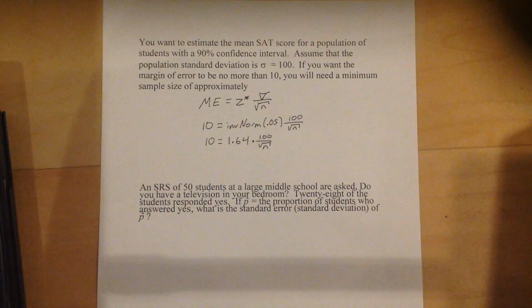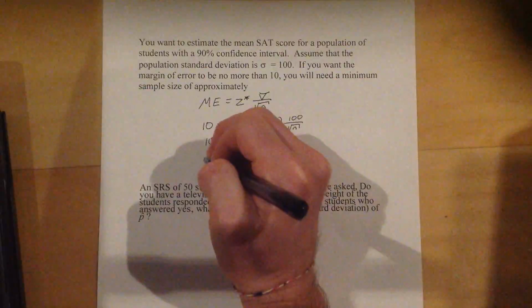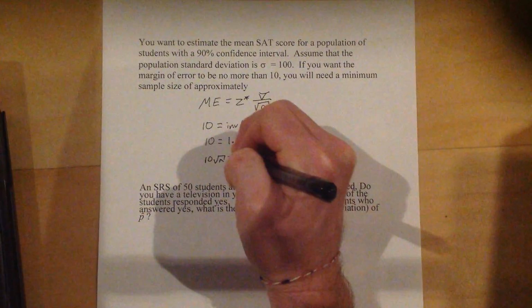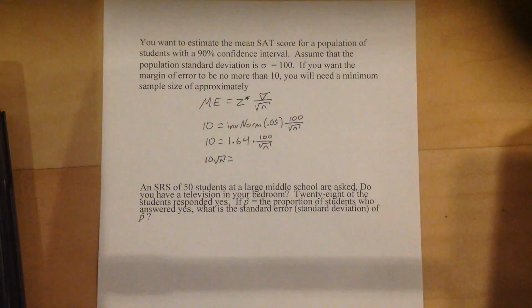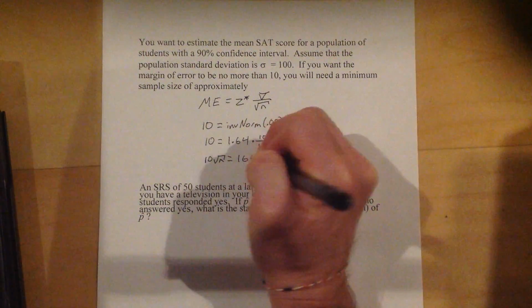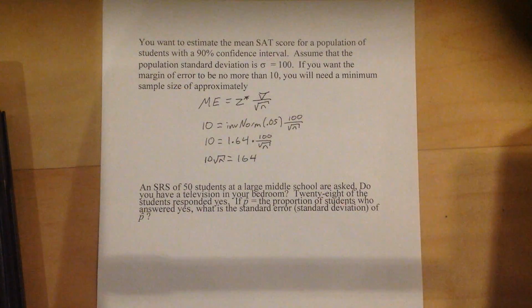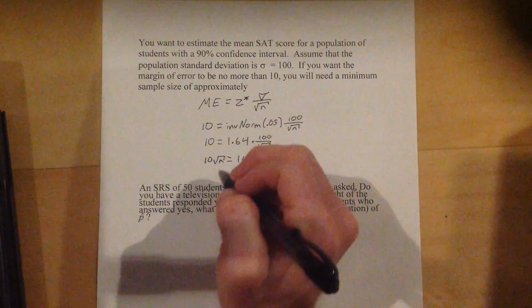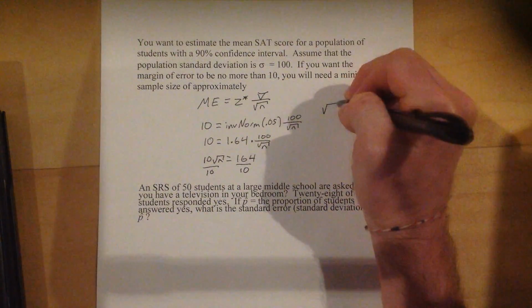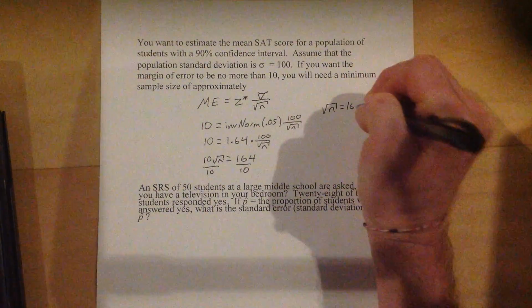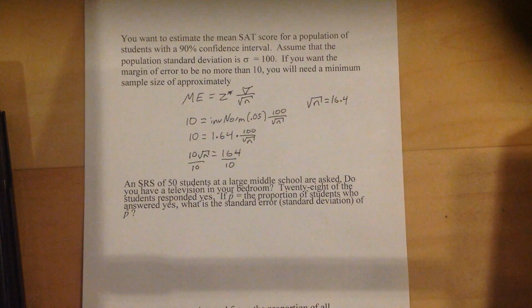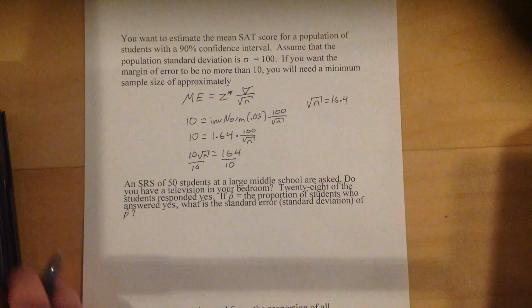All right. So you can multiply both sides by the square root of n. You're going to end up with 10 square root of n equals 1.64 times 100. I'm just actually going to do that out right now because it's so easy. So that's just going to give us 164. We're going to divide both sides by 10. The square root of n is going to equal 16.4. Then we have to square both sides to get rid of the radical.